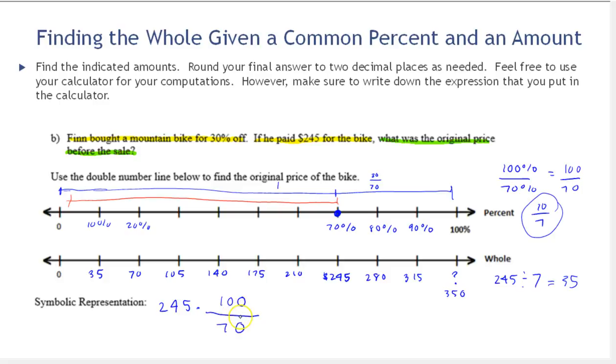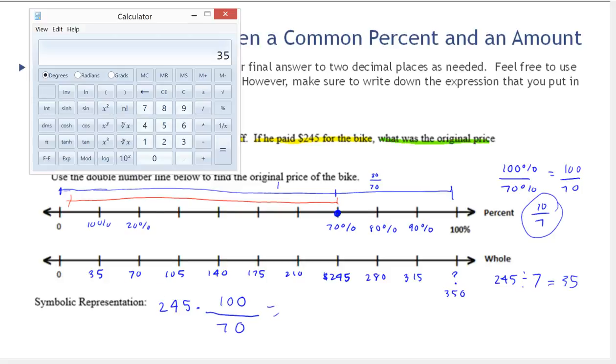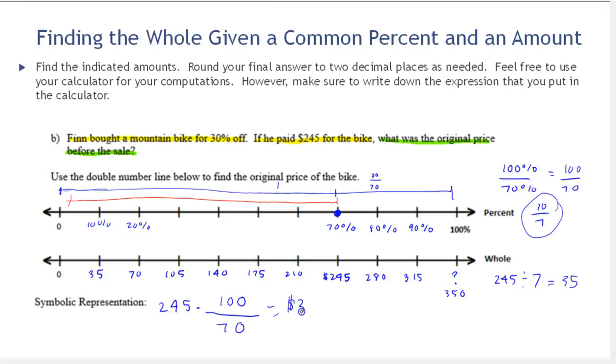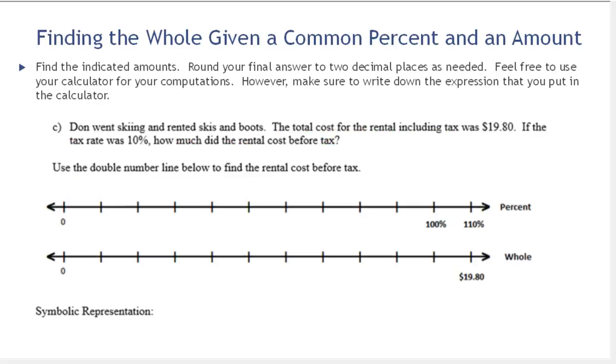It's equivalent to 10/7. So 245 divided into 70 gives us 1%. Then we take 100 copies, which gives us 100%. Now let's compute this. 245 times 100 divided by 70 gives us $350. And that corresponds with our number line results. Okay. Let's do one more.